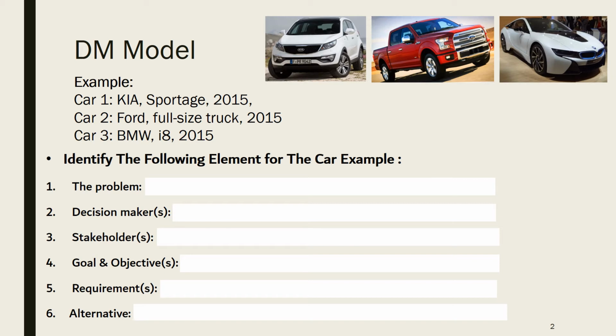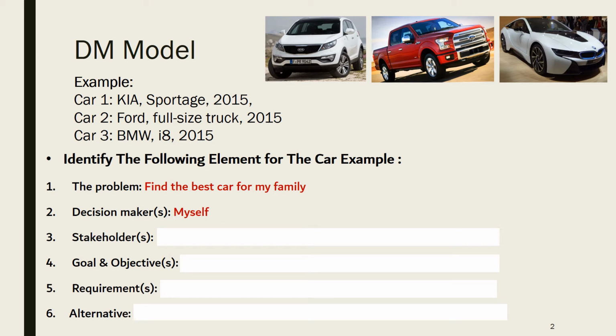So here, what will be the problem in this case? The problem is to find the best car for my family. Who is the decision maker or the decision makers? In this situation, I'm going to make the decision by myself, so I'm the decision maker.